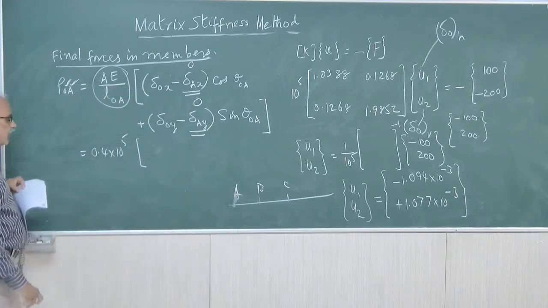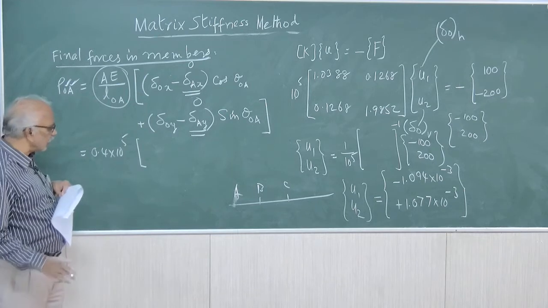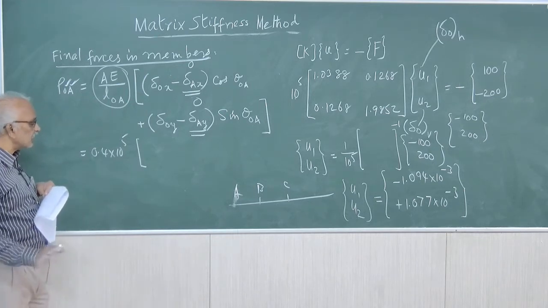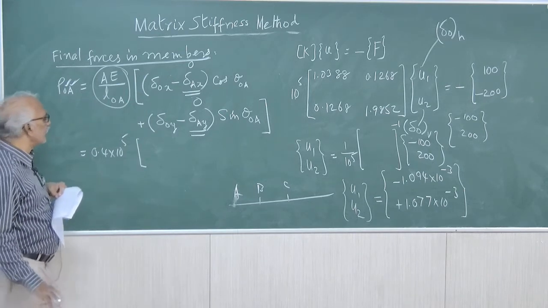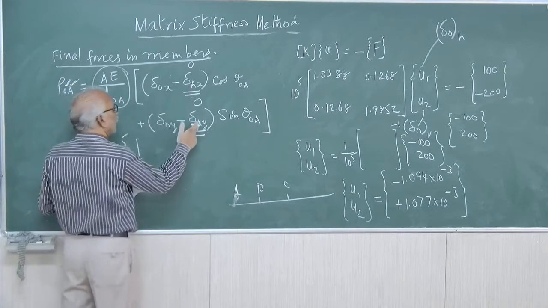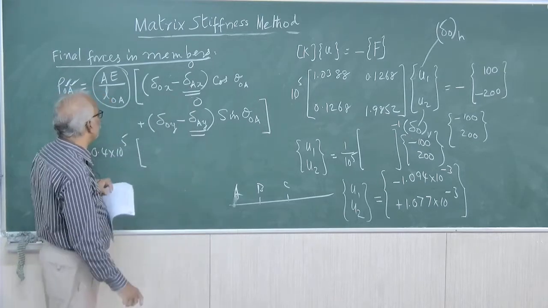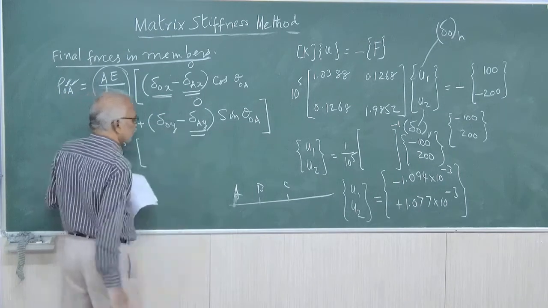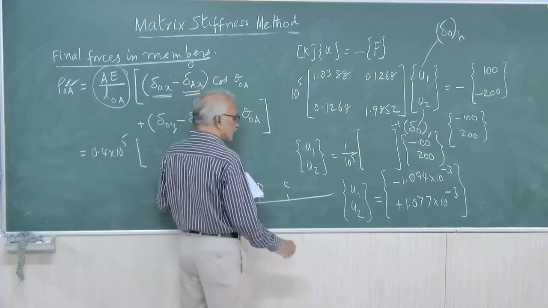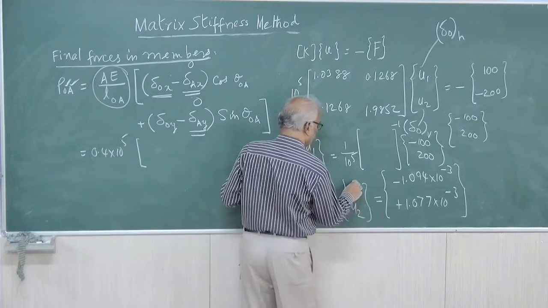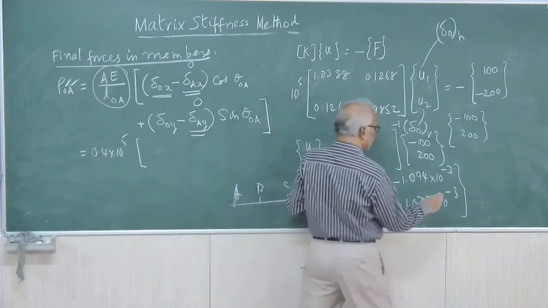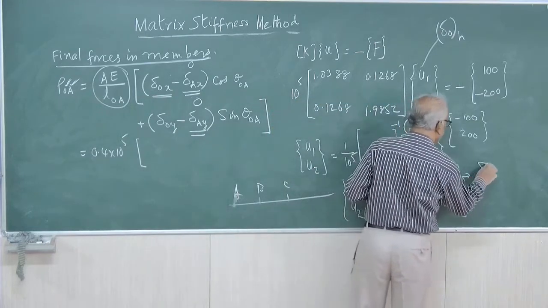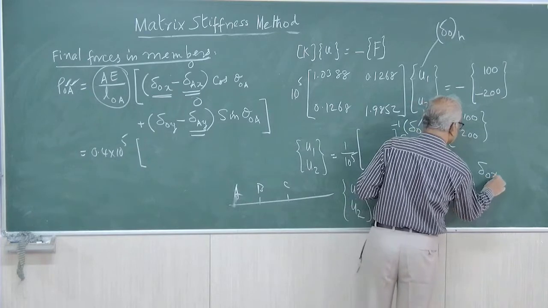Because A, B, C, D and E, all are rigid joints, they will not undergo any displacement, namely in the x direction or y direction, the displacement will be 0. Delta O in the x direction, we know. This value is delta O in the x direction.